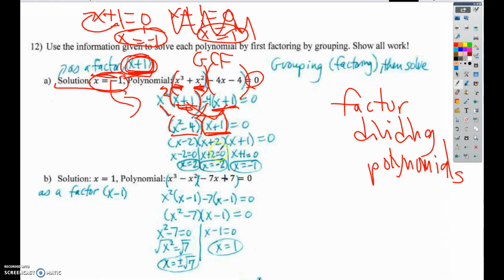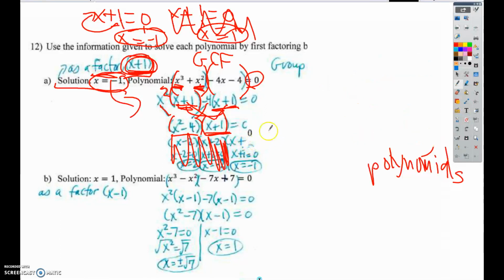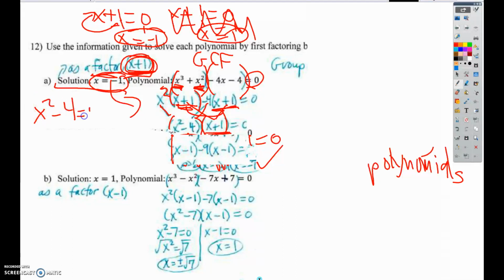Now, I did this differently here, and so I'm going to cross this out so you can see another way I can do this. If I look at x plus 1 equals 0, I am going to subtract 1 from both sides, and remember, x equals negative 1 is one of the solutions they gave us. For the other factor, the way to solve is to set the factor equal to 0.